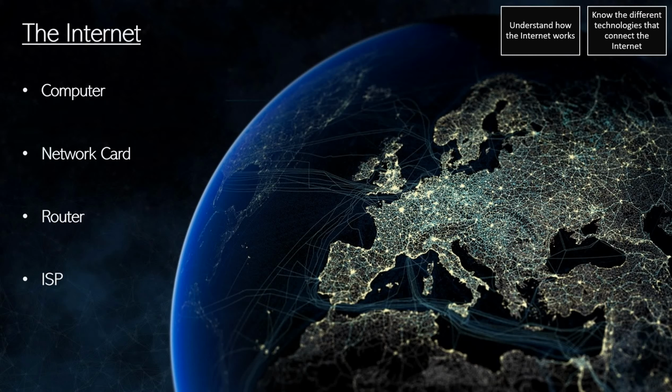So let's start off with a very brief explanation of what the internet is. The internet is a global, that means worldwide, computer network, right? So it is a global computer network which allows the computers that are connected to that network to share files, data, information, all sorts.